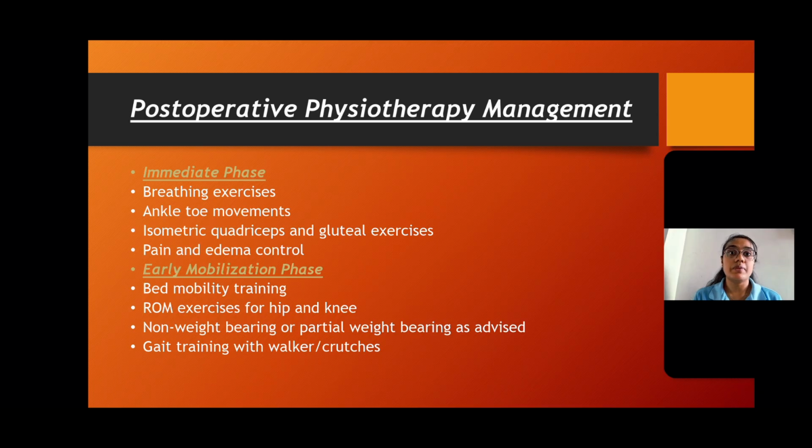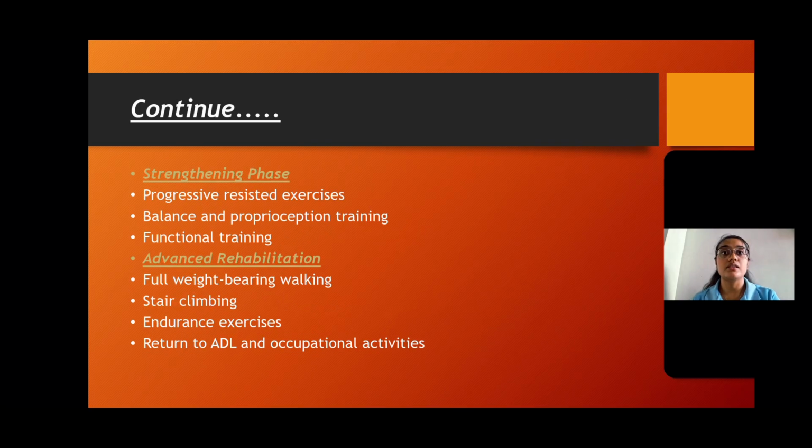Post-operative physiotherapy management. In the immediate phase, we give breathing exercises, ankle toe movements, isometric quadriceps and gluteus exercises, and pain and edema control. In the early phase, mobilization, bed mobility training, exercises of hip and knee, non-weight bearing gait training with walker and crutches.